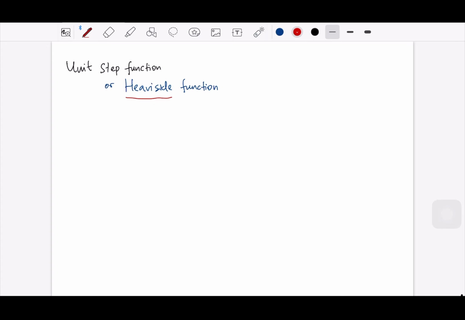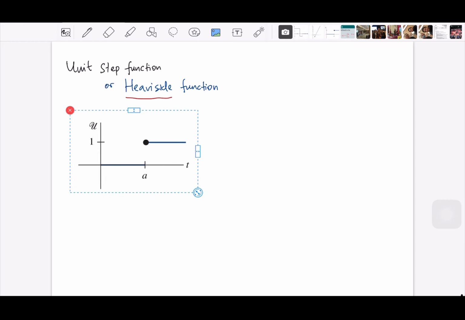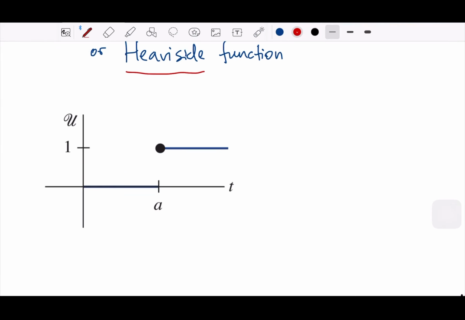To illustrate what happens, let me give you a graph. This is what we call the Heaviside function. At some constant A, let's say we have the t-axis for our variable, and the function is the Heaviside.